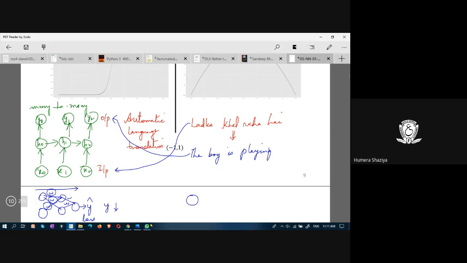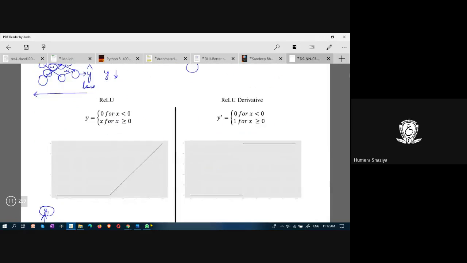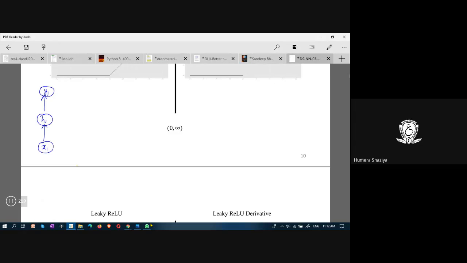The hidden layer shares the weights. Now we'll look at the working of RNN.